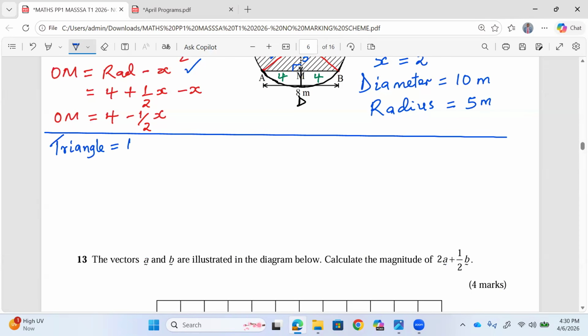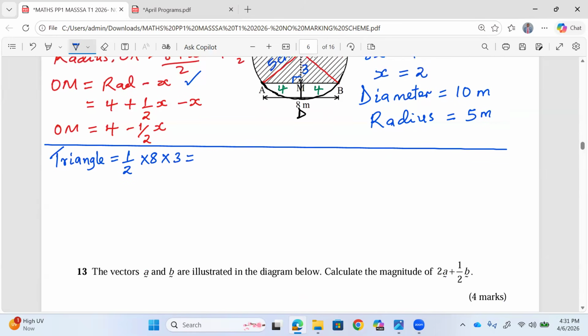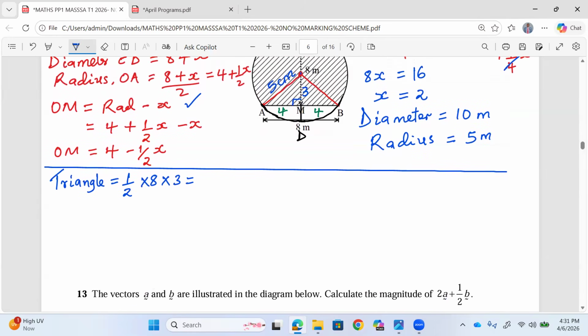For the triangle, we need half multiplied by the base, which is 8, and the vertical height, which is 3. I'm using the base AB and vertical height OM, which is exactly 3. So this is going to be 4 by 3, which is 12 square meters. So for the triangle, the area is already calculated.